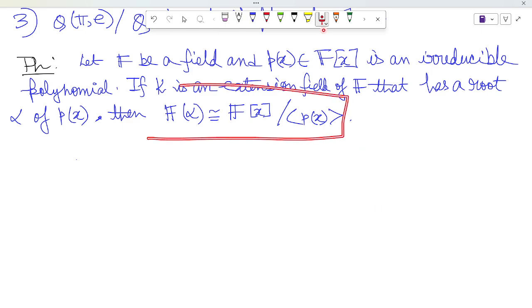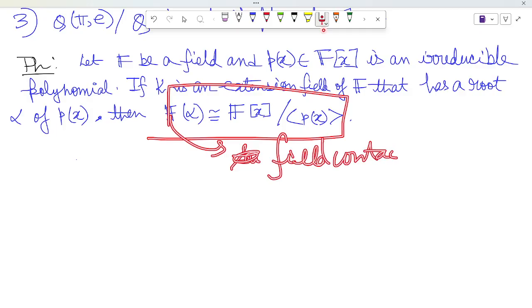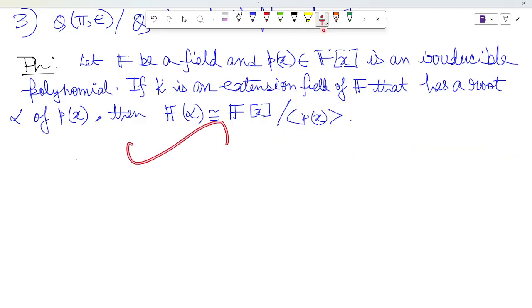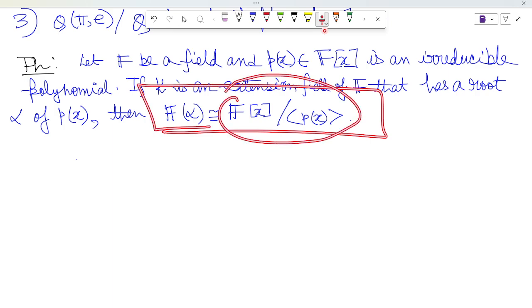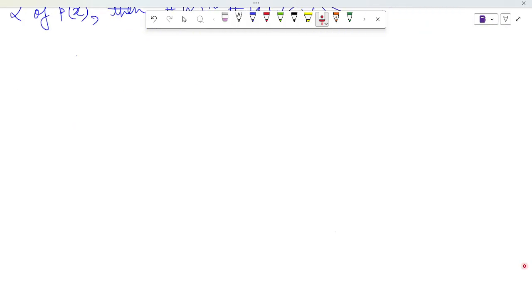Then if I adjoin alpha, that is the field containing alpha. So then they are isomorphic. That is the theorem. That might be an ugly looking field, but you can tell the elements of it.